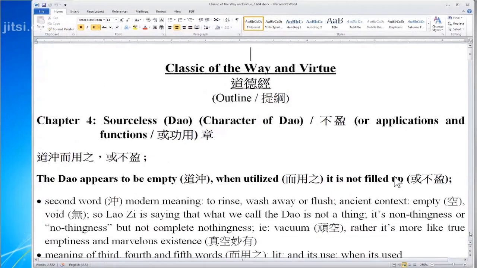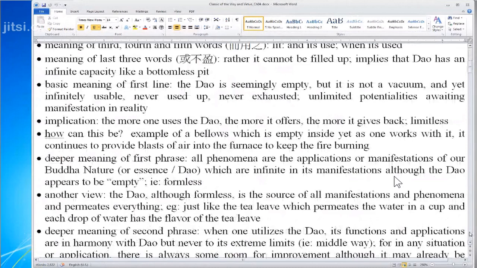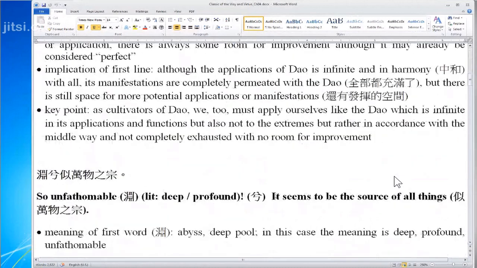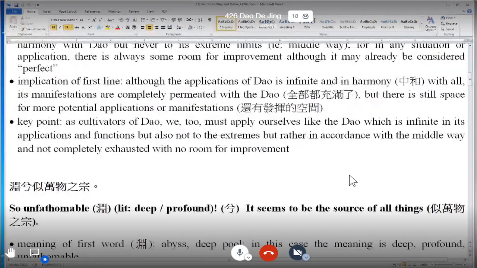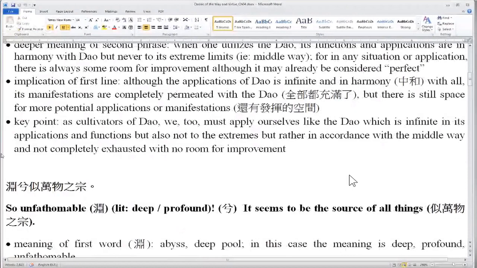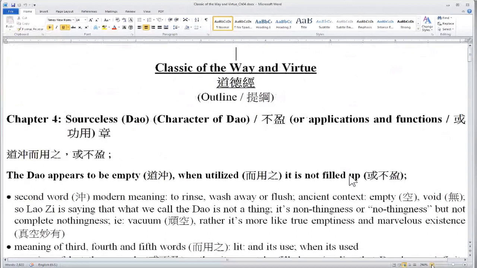How's that? The right hand side is cut off again? Okay, how's that? No, the previous one. Yeah, this looks okay, unless I zoom out a little bit. How's that? Can you guys see it?